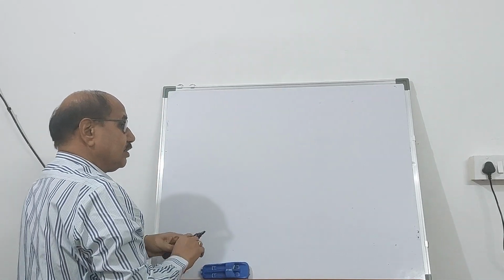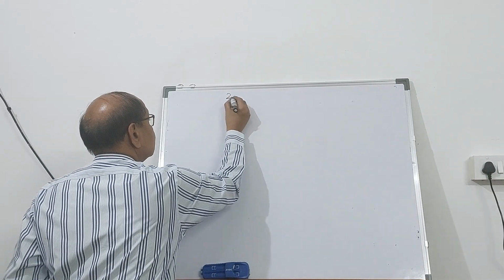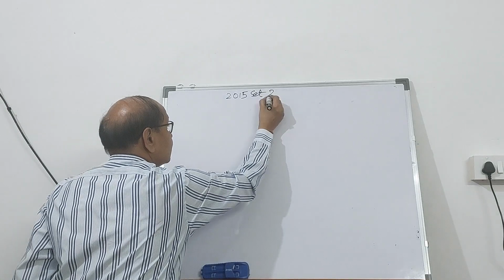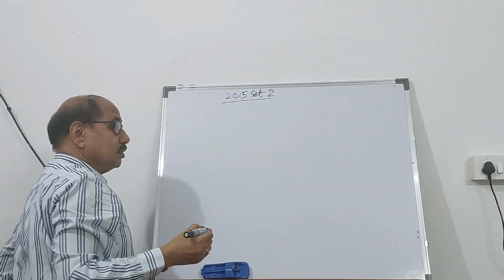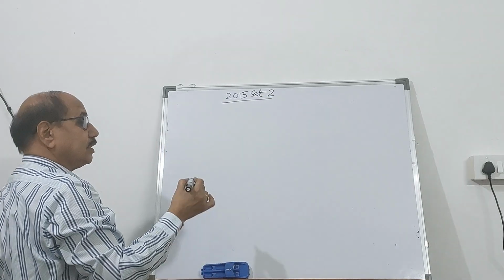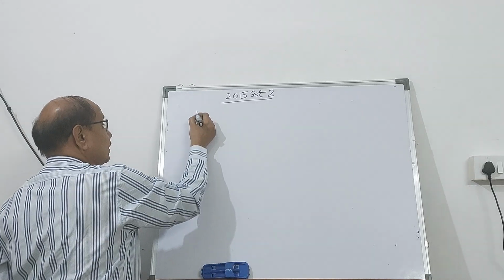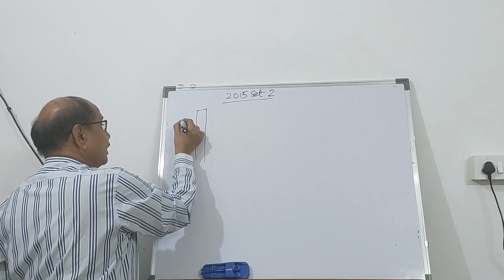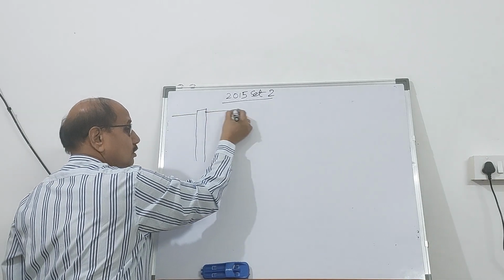The next problem is 2015 set 2, where you have a pile which is embedded into the ground.